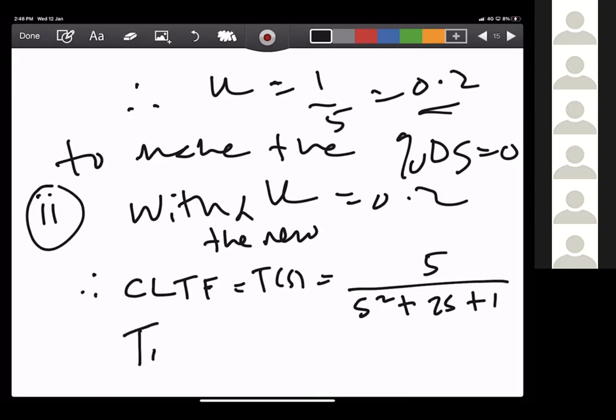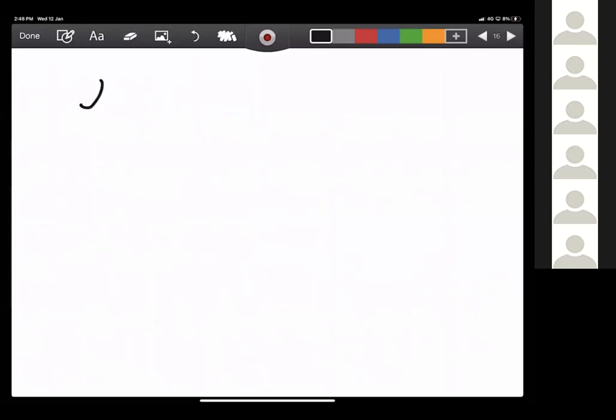How to analyze? We calculate the settling time first. 4 seconds. And what is the steady state error? Using the formula, we got a steady state error of 4.